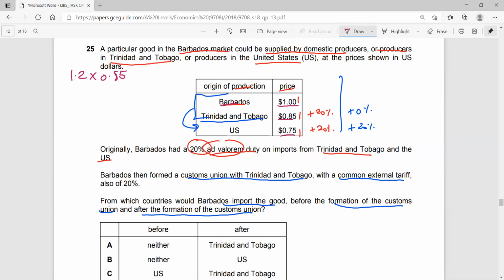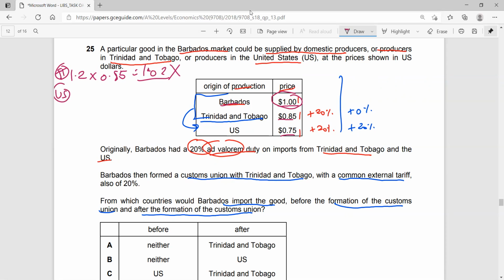So 1.2 times 0.85 for Trinidad and Tobago is 1.02. I got a zero wrong at first. So you definitely would not import from here originally, because your local price is cheaper by 2 cents.